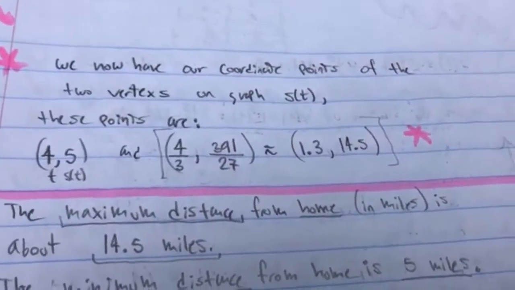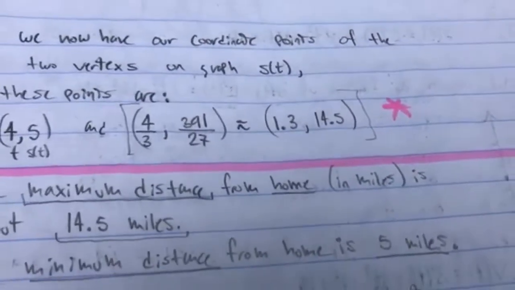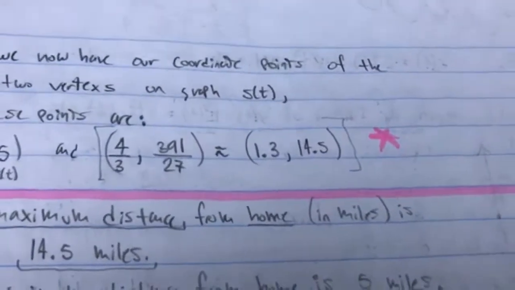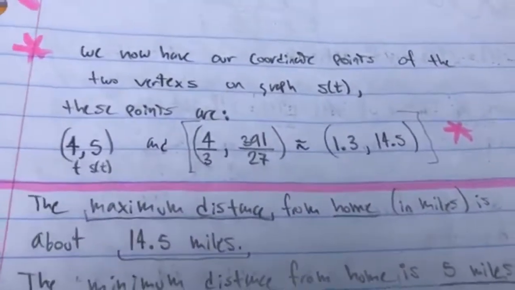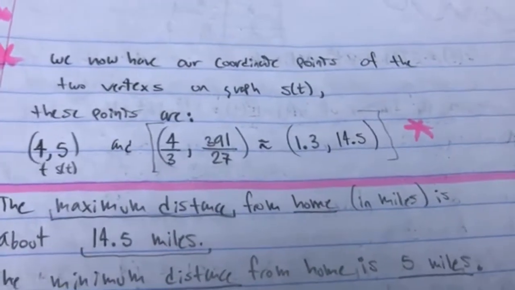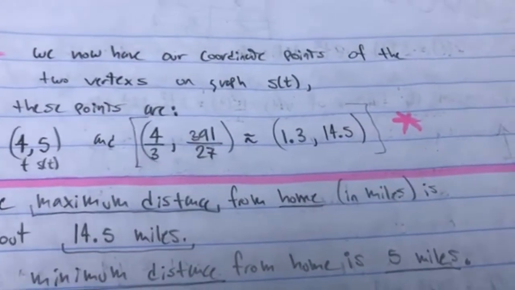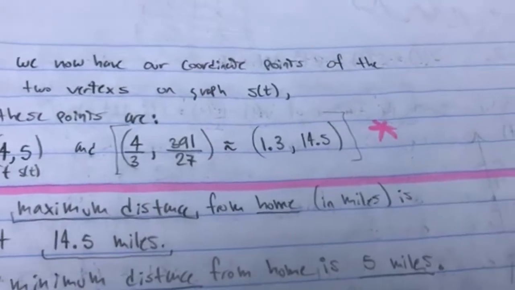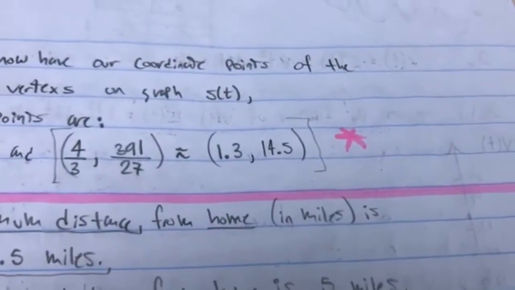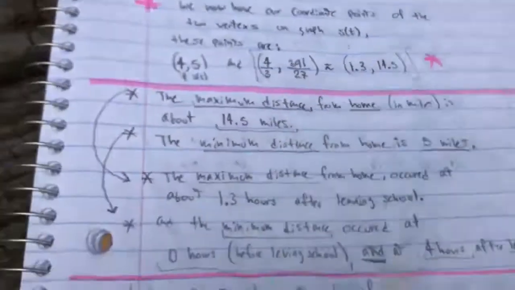And the highest point on the graph, the highest vertex, when we are farthest away from home, will be at t equals 4/3 hours and 391 over 27 miles, which is about 1.3 hours and 14.5 miles.